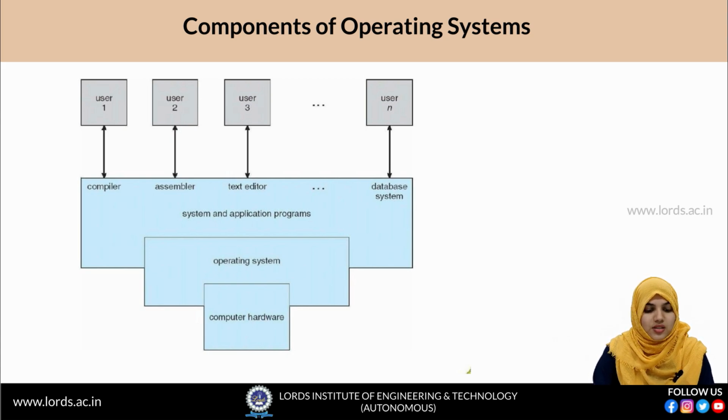Computer hardware consists of CPU, memory, and I/O devices, whereas system and application programs consist of compilers, assemblers, text editors, spreadsheets, database systems, etc. The operating system controls the hardware and coordinates it among the various application programs. That is the job of the operating system.